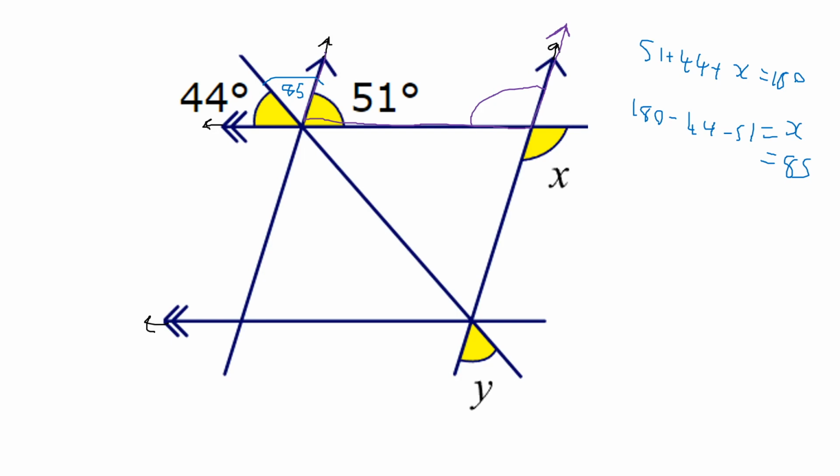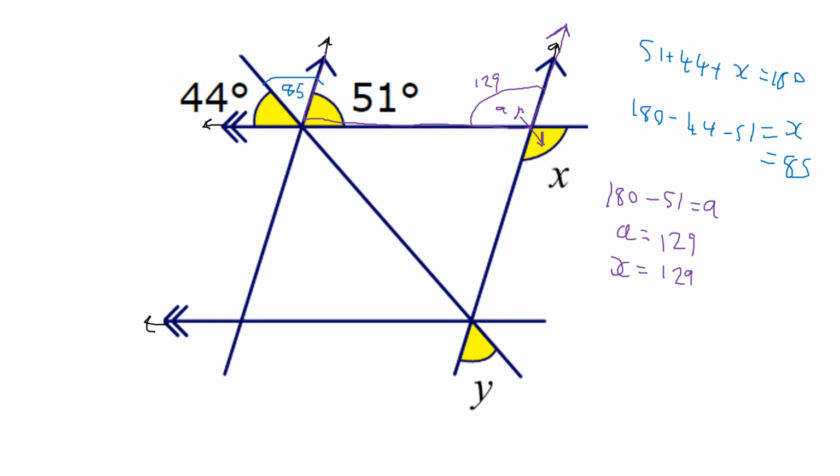I'll call this angle A. 180 minus 51 is equal to A. So A is equal to 129. Okay? And then what do you notice about A and X? They are vertically opposite. Right? So therefore X is equal to 129.